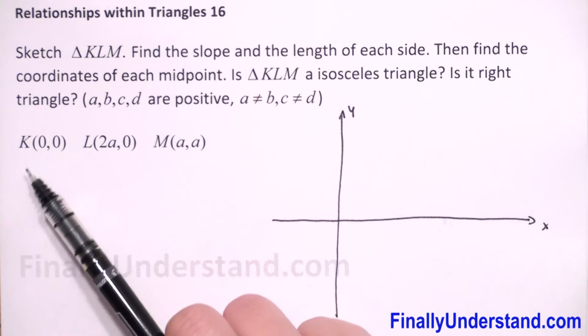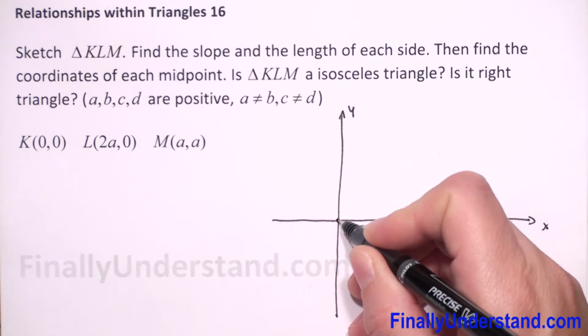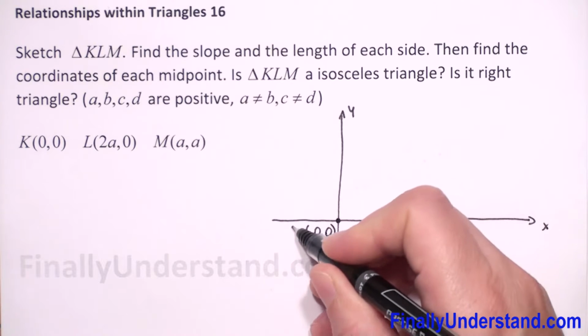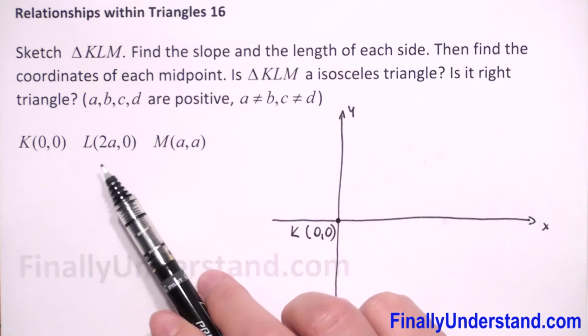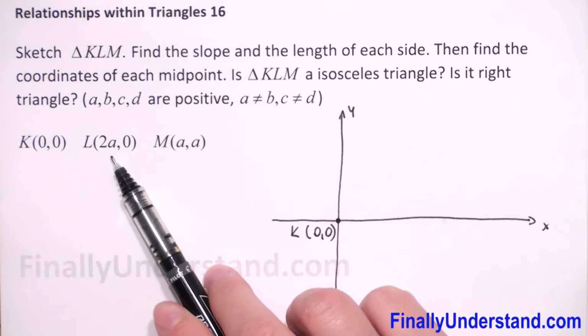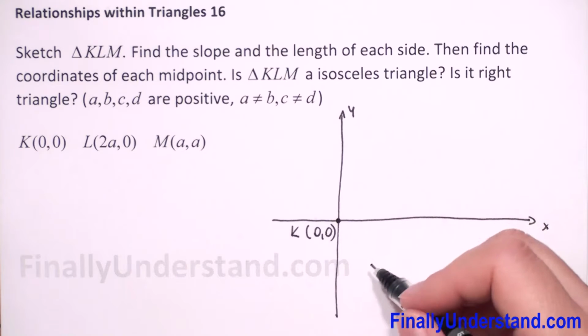What else? First point has coordinates 0, 0, so it will be in the origin. So this is point 0, 0, okay. Next has coordinates 2a, 0, so because the second coordinate is 0, it means this point is on the x-axis, and a is positive, like I said, so it will be on the right side from the origin.